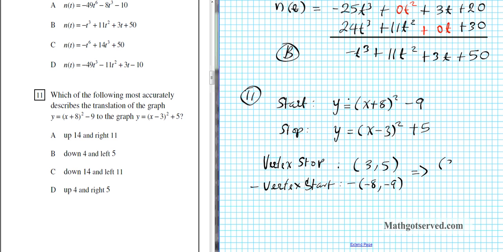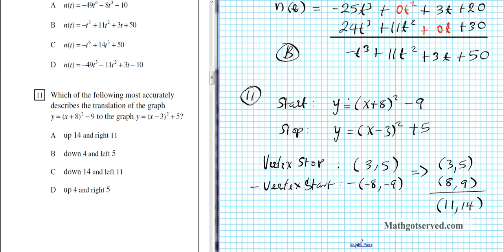So you can write this as 3, 5, and then you distribute the minus to these two numbers, so you have 8, 9. And then when you add downwards, you end up with 11, 14 as the coordinates of your vertex.